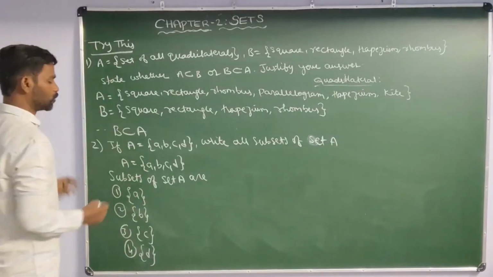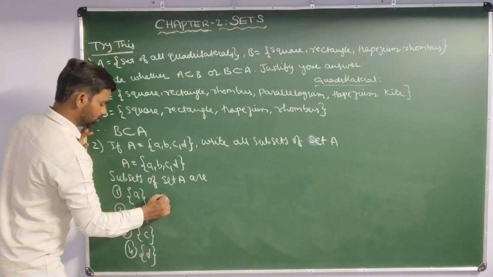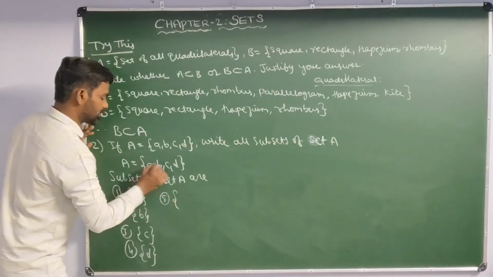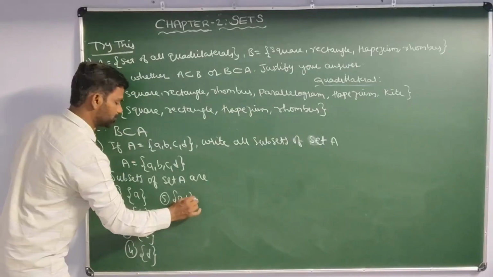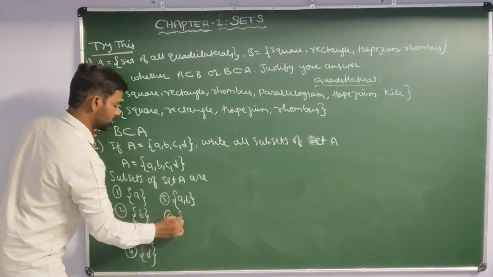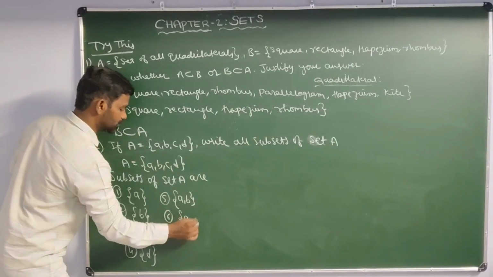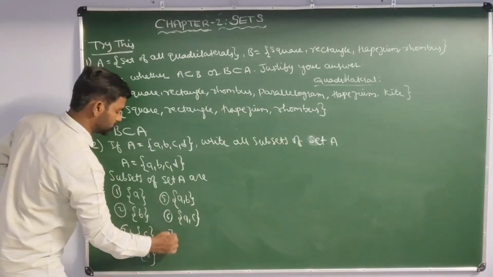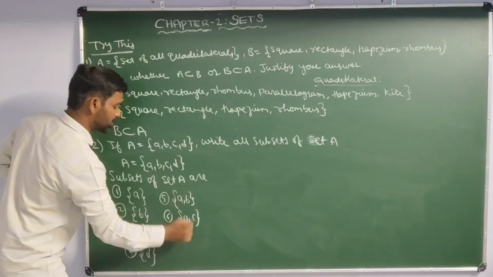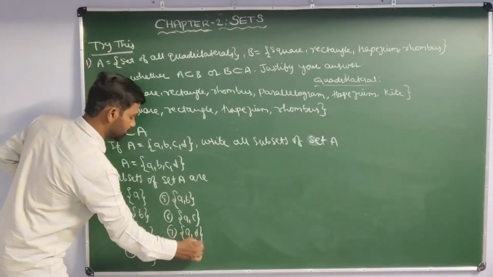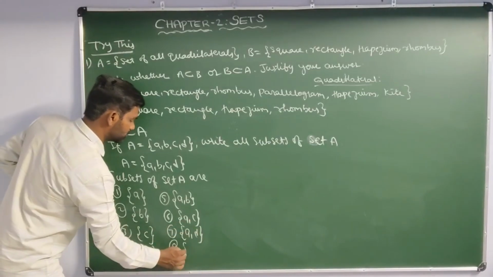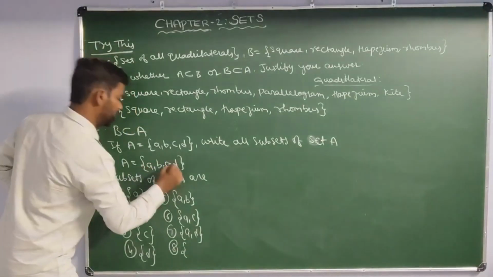Now let us take two elements. That is fifth one: set A comma B. Next, sixth one, set A comma C. Next, seventh one, we can write A comma D.